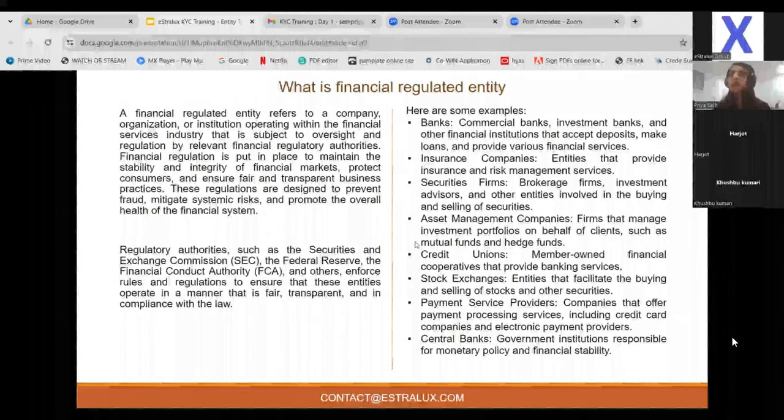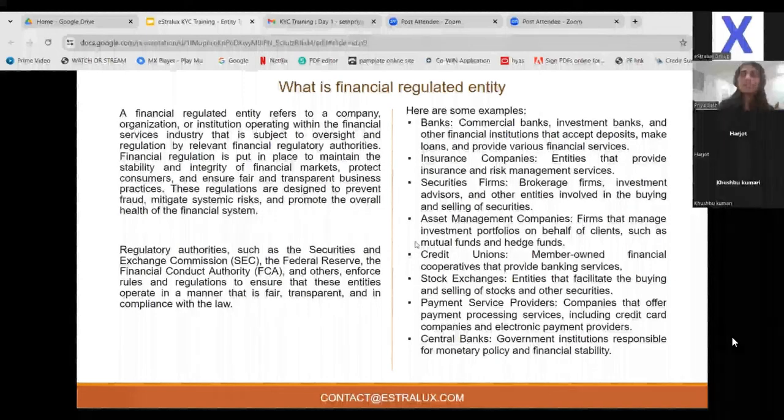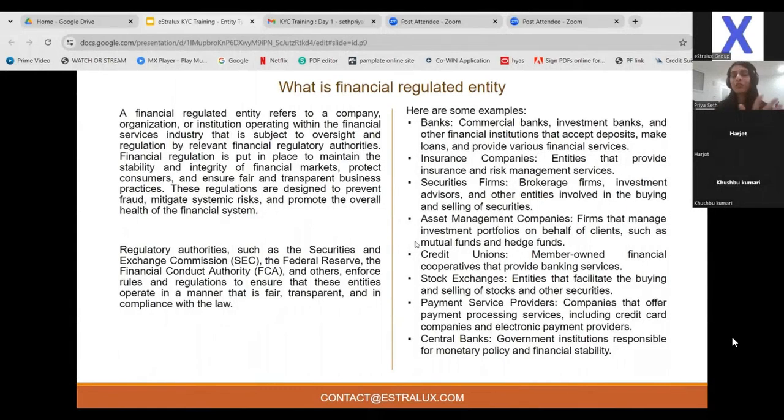It will become a private entity, or maybe some other entity. Basically, if it is not regulated or listed, it becomes a private company automatically. So the first proof you should collect is the regulation proof.